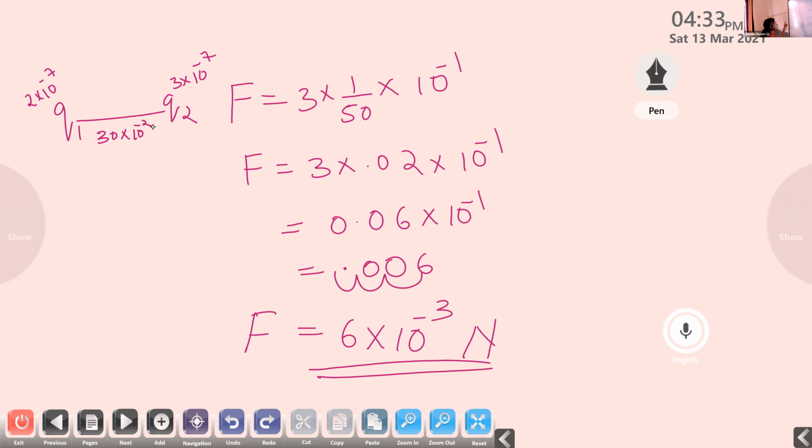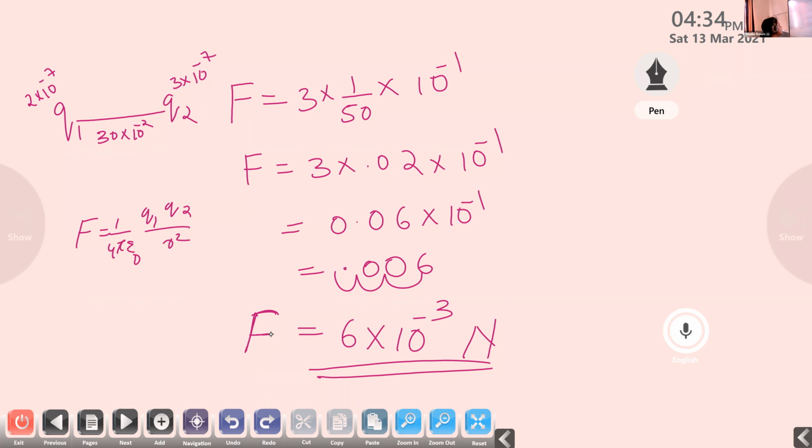The force between these two charges is calculated using Coulomb's law, F is equal to 1 by 4 pi epsilon 0 Q1 Q2 divided by R square. By substituting all the values, we find F is equal to 6 into 10 raised to minus 3 Newton. Is it clear?